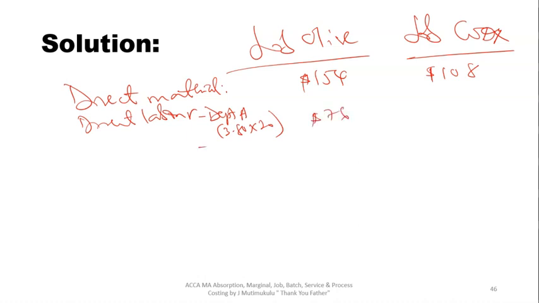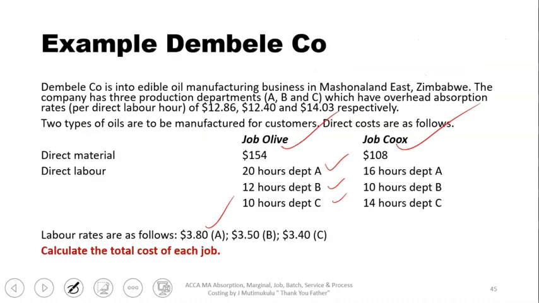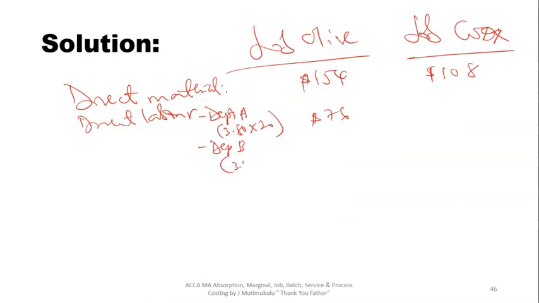We then go to department B. They are paid $3.50, and they worked 12 hours. So $3.50 multiplied by 12 hours should give us $42.